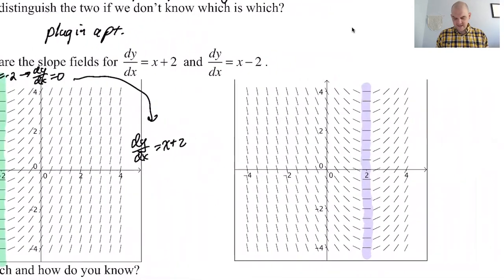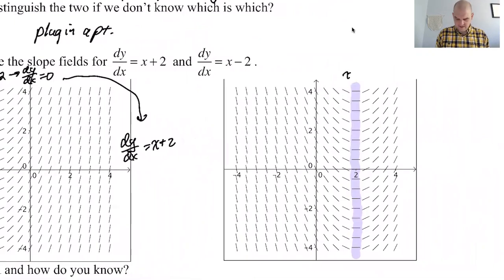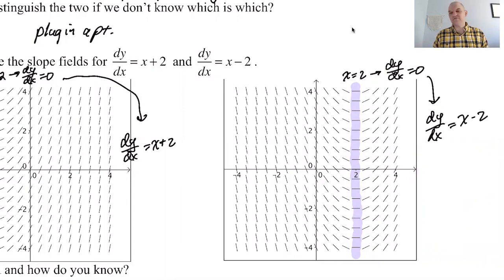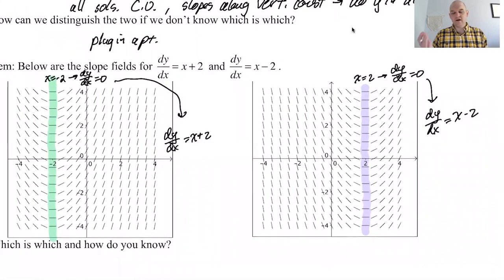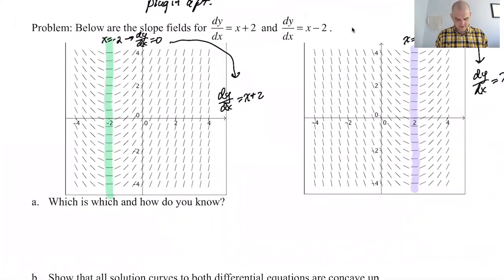And then the same exact argument could be made here. This is x equals +2. I know dy dx will be 0. And if that's the case, then I know that dy dx must be x minus 2. So I've definitely been able to choose between them. The way I knew was the location of the zero slopes.